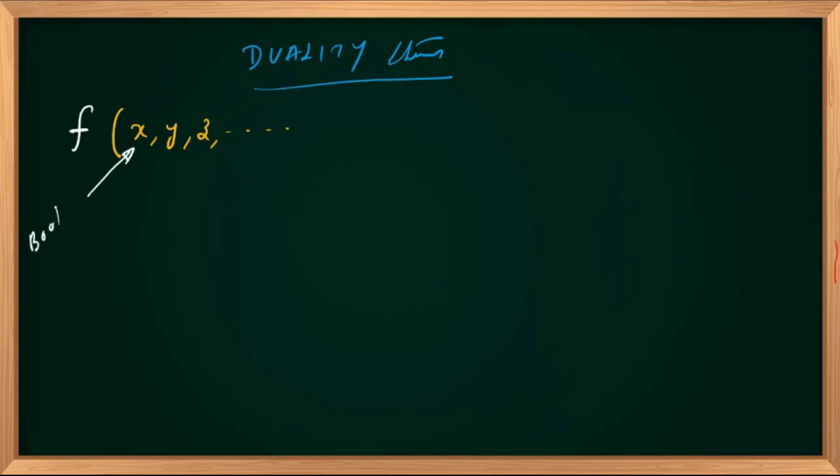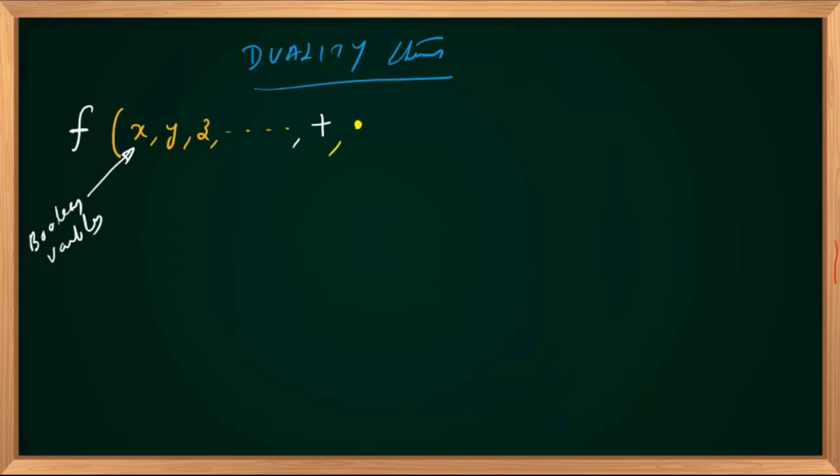Boolean variables give me a Boolean function. In my Boolean function, there will be an operator, let us say the OR operator. Not only OR, it may contain the AND operator also. OR and AND are Boolean operators.